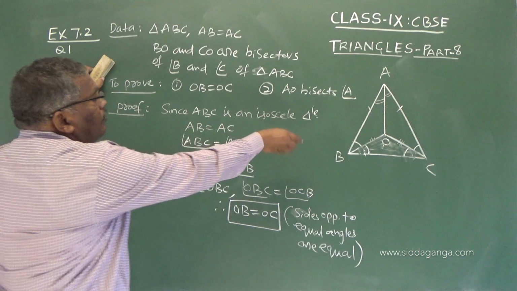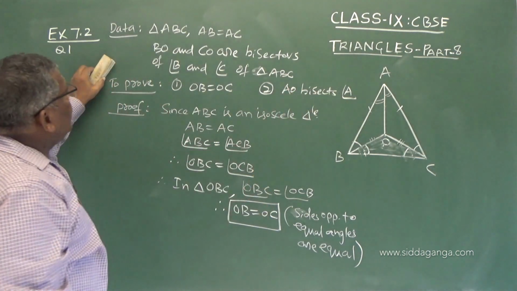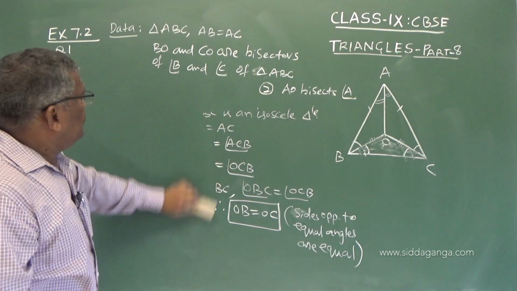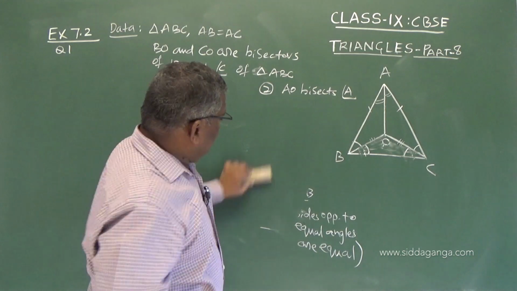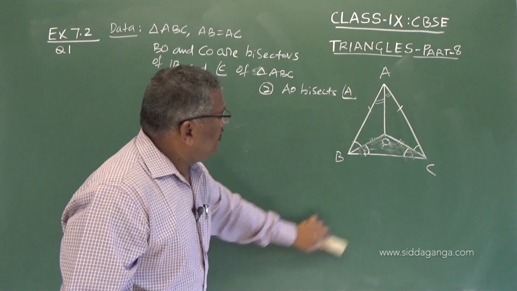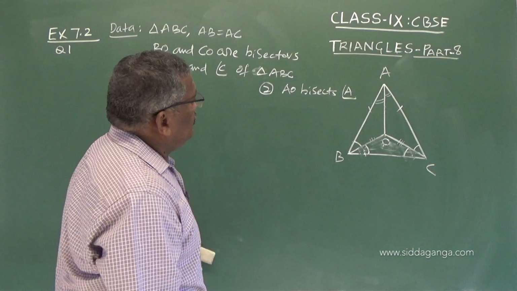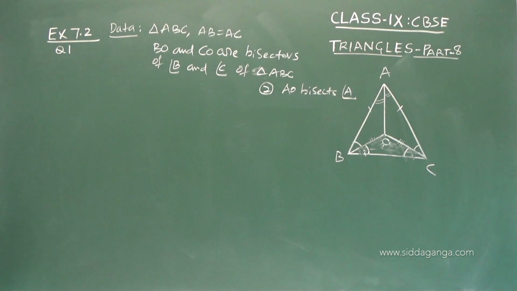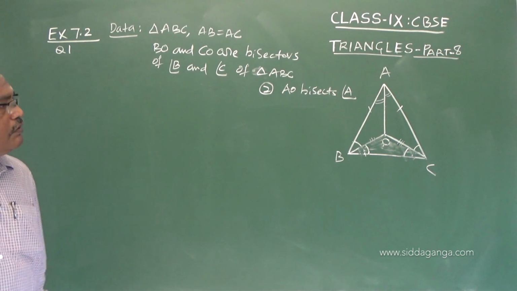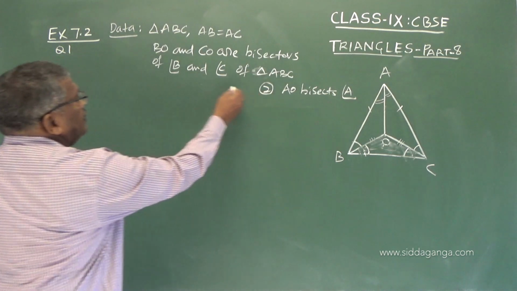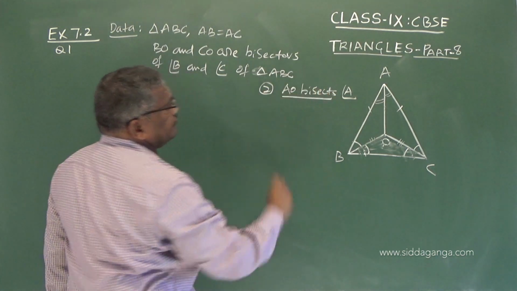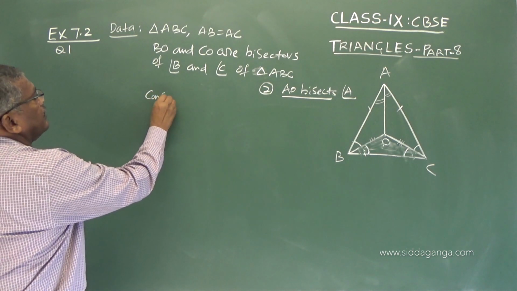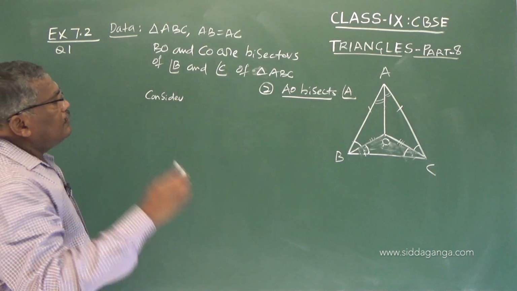So, we have to prove the second one, AO bisects A. Now, to prove the second one, consider AO.